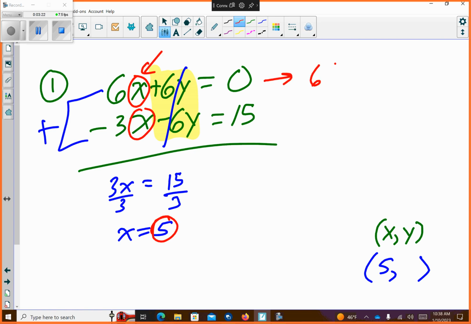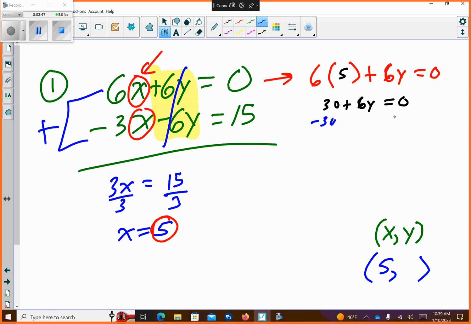So I'm going to get 6. This is where x used to live. What's going to go in there now? The 5. And let's see, 6 times 5, 5, 10, 15, 20, 30. 30, good, okay. And then how do I solve this for y? Say it.